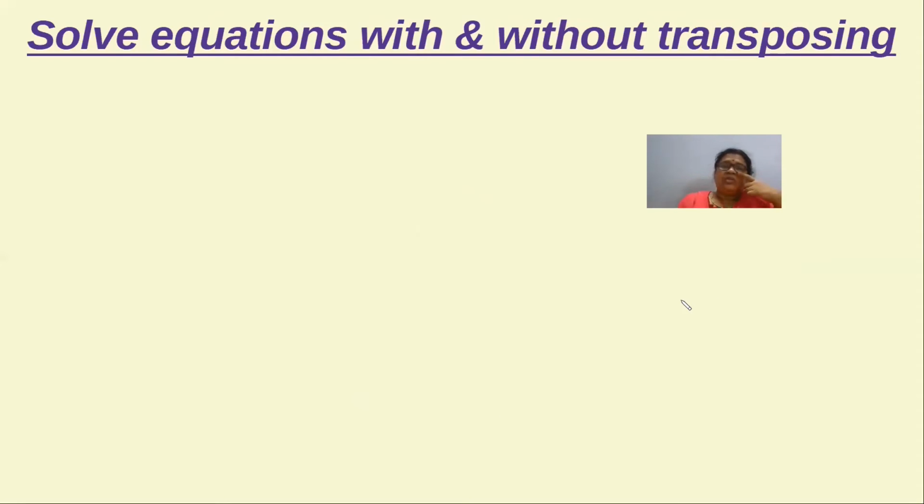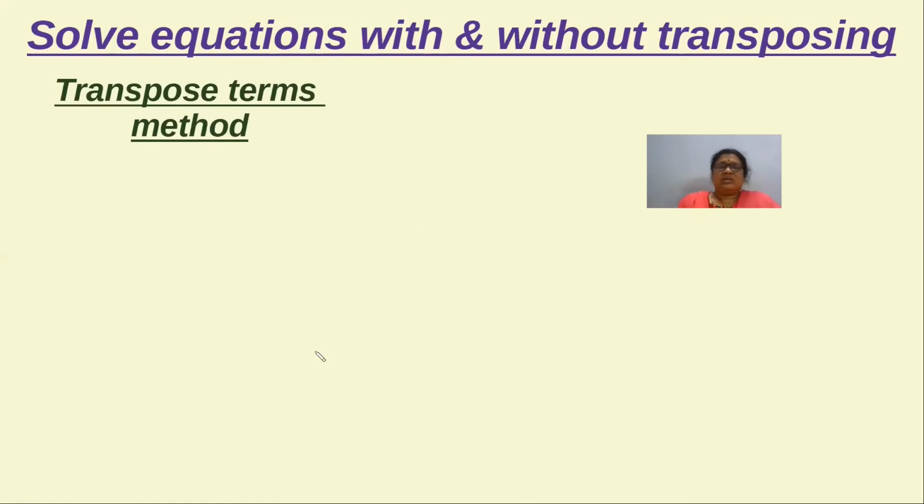Now, we will solve one equation by both methods, that is, the trial and error method and the transposing terms method. You are transferring one term to the RHS, so that on the LHS only x remains at the last.